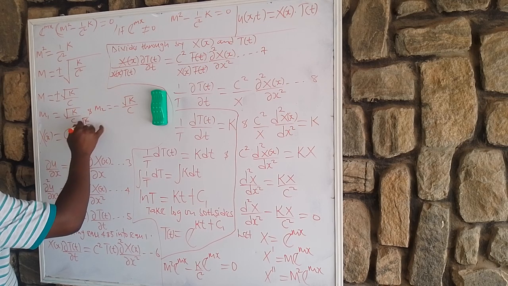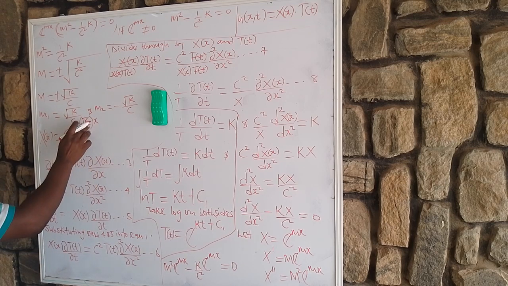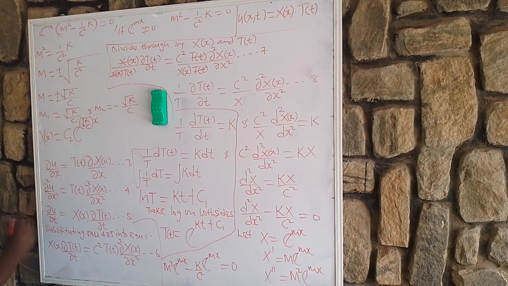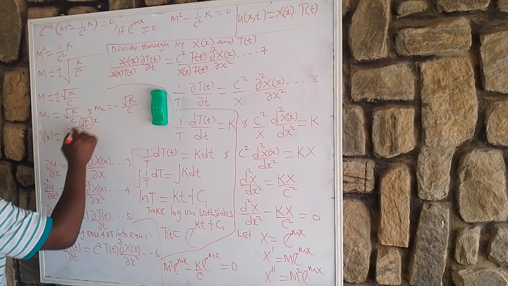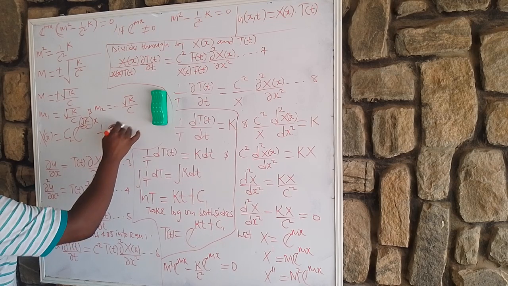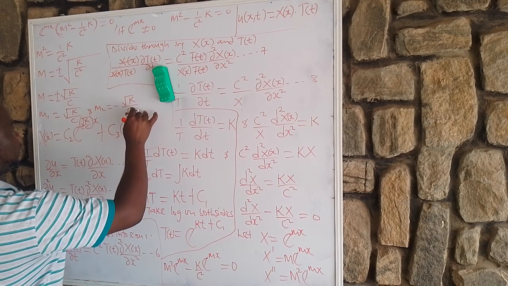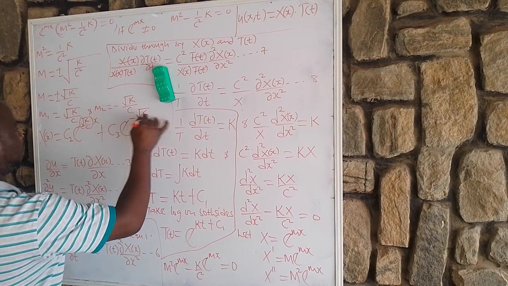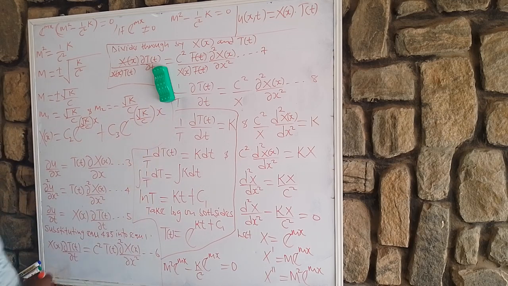Square root of k all over c times x. Supposing you do not put c, I know that this is how it's supposed to be, but you are still right. Is that clear? Since c is a constant, plus c3 exponential minus square root of k all over c, close bracket, of x.